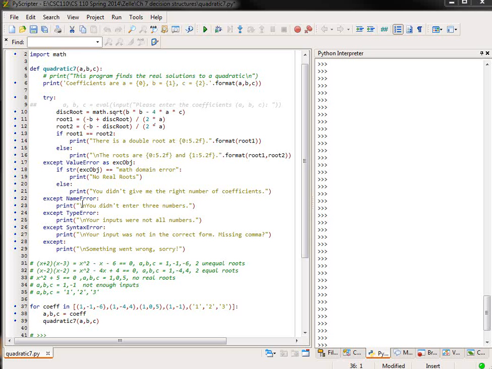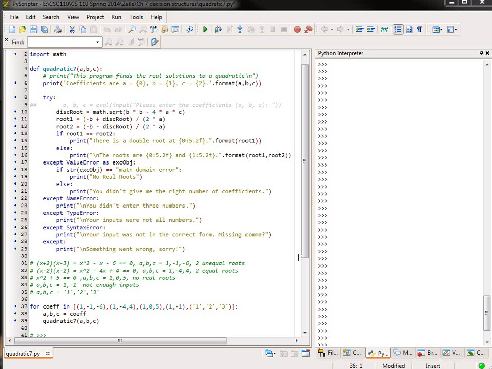This is a separate flag for that same kind of error. This is an error for the inputs not being numbers. Maybe your numbers were somehow not in the right form and something else went wrong. So this is just a catch-all.